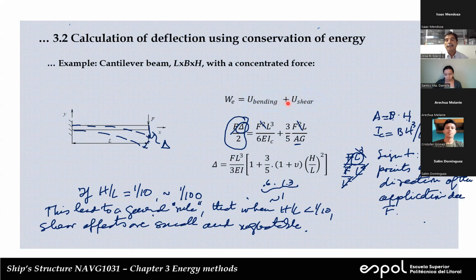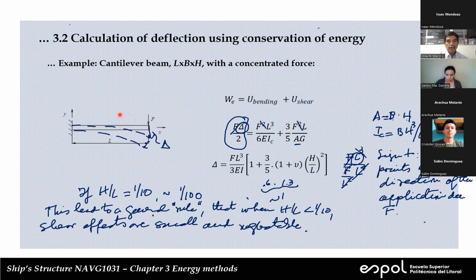And in our case, we absorb this energy as partial energy in pure bending and partial energy in shear, right? So what we did in the last session was we deduced this expression as the strain energy because of pure bending. In this specific case, which is statically determinate, we deduced an expression for the bending moment inside the beam. With this expression, we integrated and obtained this expression, okay?